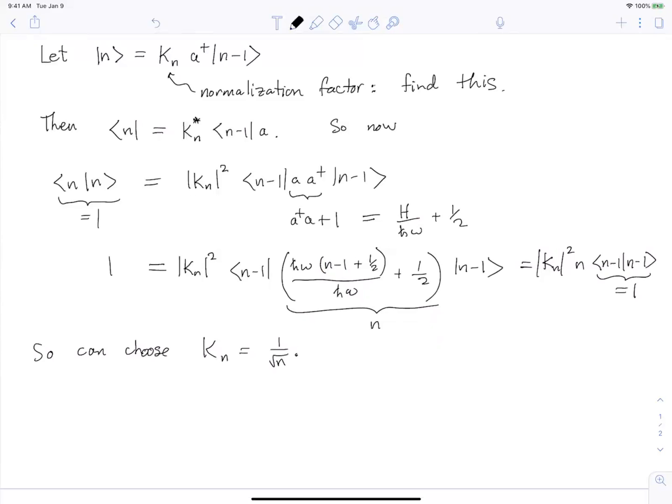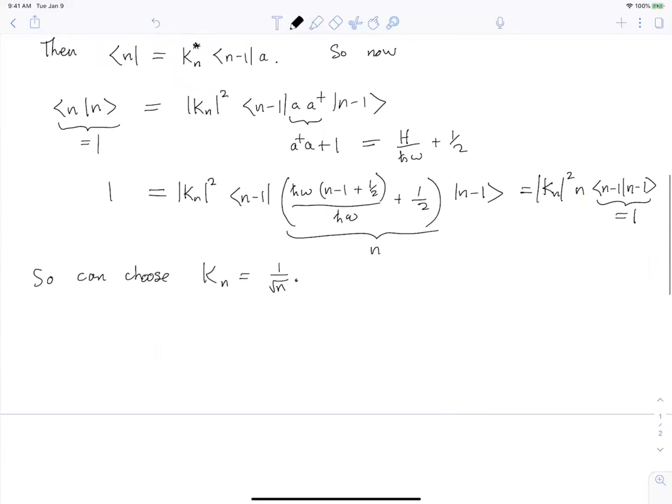Because of this absolute value squared here, we could have put some phase factor that we wanted there, but it's just an arbitrary choice that we make. So we're just going to choose it to be real and positive because why not? It makes things nicer. So I want to emphasize, though, this is a choice we're making.